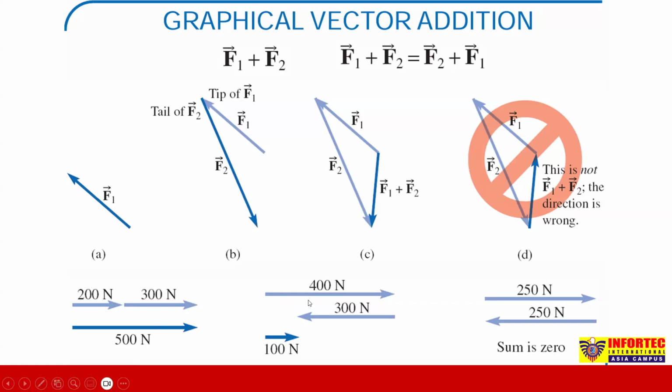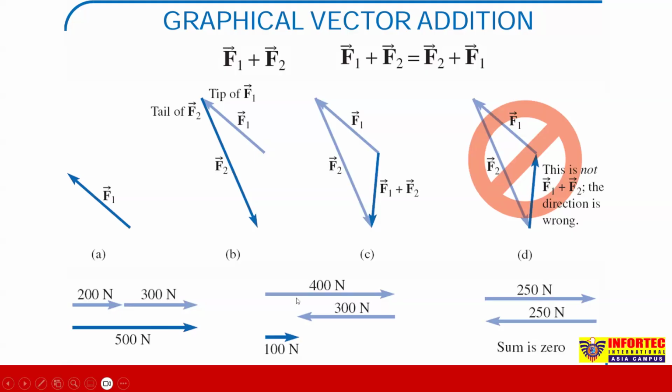But in the next one, we can see 400 Newton on the right hand side and 300 Newton on the left hand side, right? Then the resultant vector is situated in the bigger vector's direction. We subtract 400 minus 300, which equals 100 Newton.